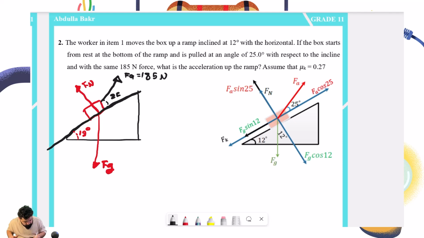Because the force applied here is to the right, this is going to be Fk.